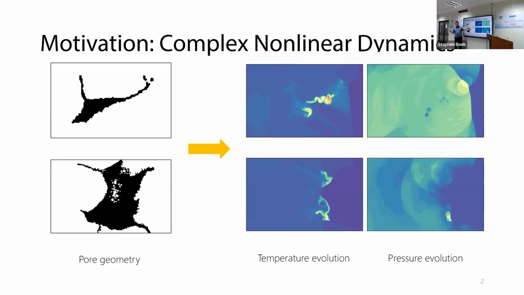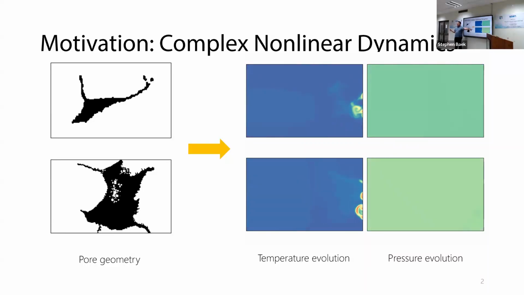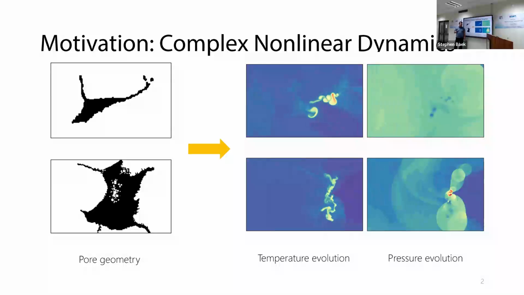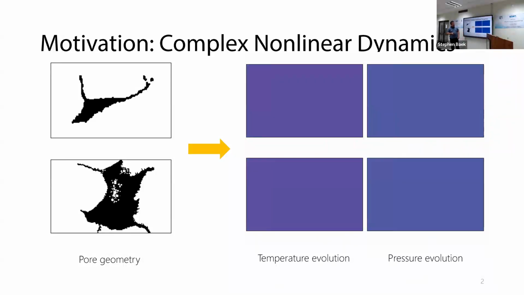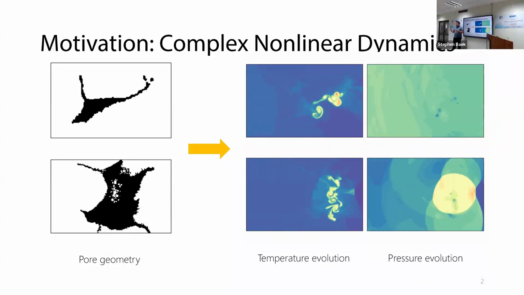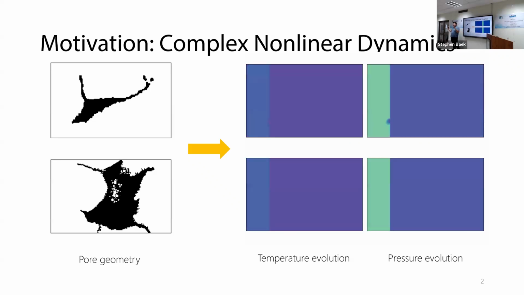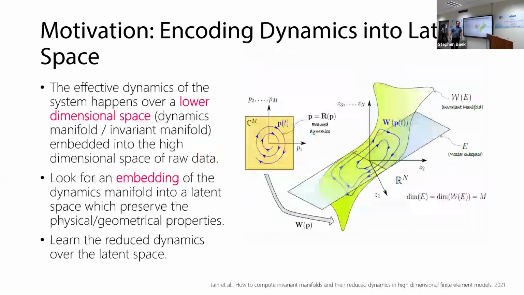Which is already a lot. So the space of dynamics is going to be 20,000 dimensional. And if you go to an even higher resolution, then the dimensionality of the problem is going to grow really quick. So the idea of reduced order modeling is to reduce the dimensionality of your problem into some space, okay?